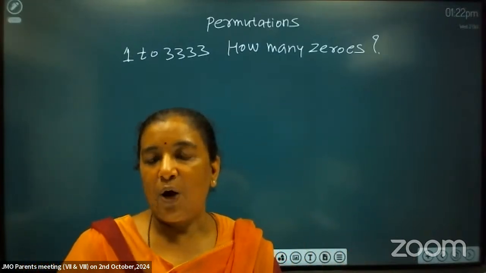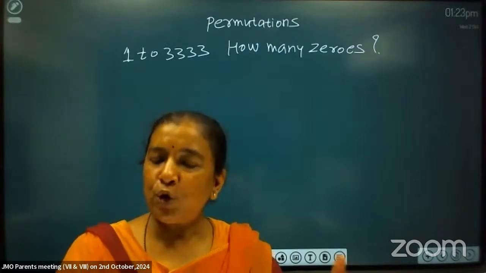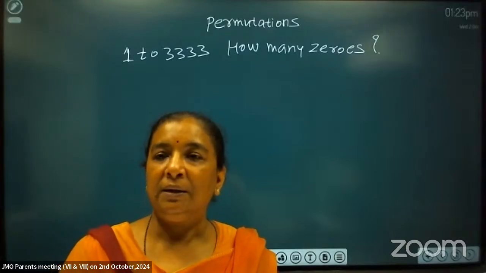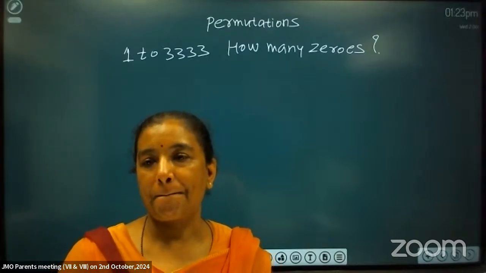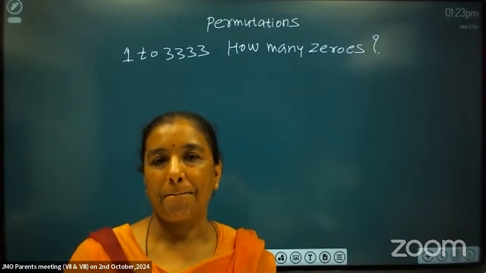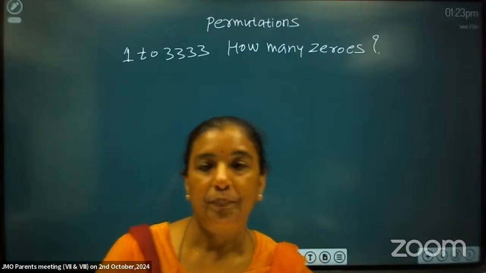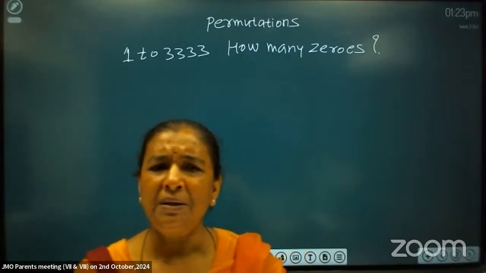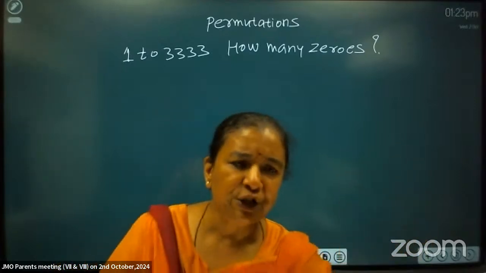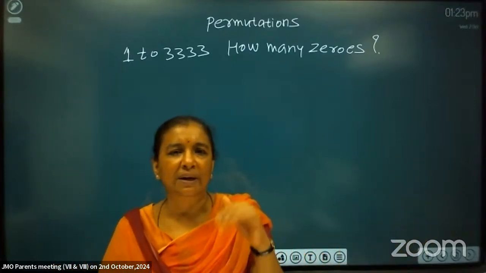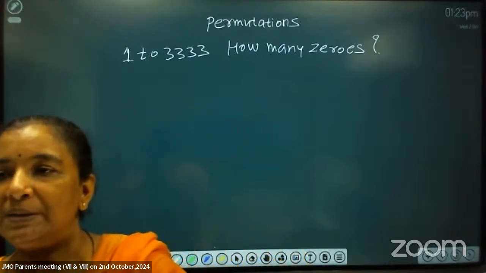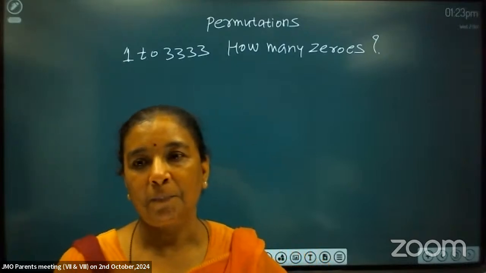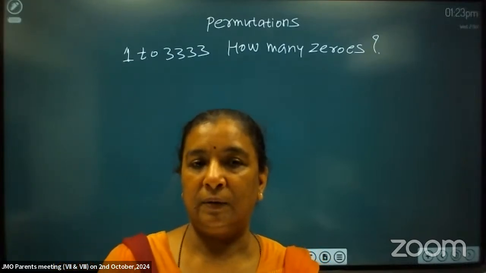Any suggestions how to go about it? You can write down in the chat also if you want. I give you 2 minutes. Suggest me the ways. No suggestion? Are you going to write single digit numbers, 2-digit numbers, 3-digit numbers, 4-digit numbers, and count zeros? That is one way. That is not a shortcut.